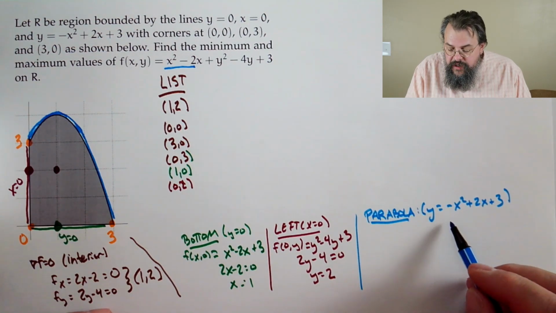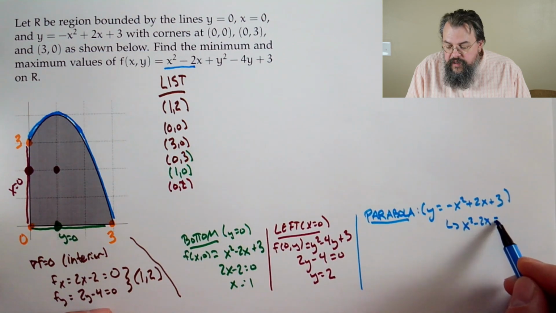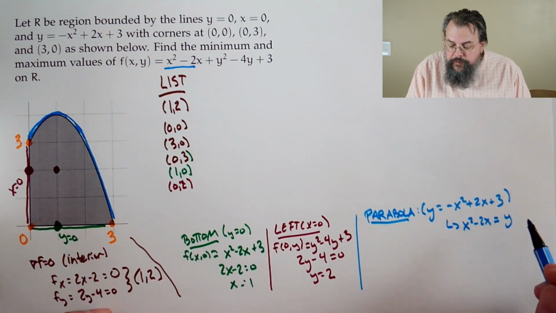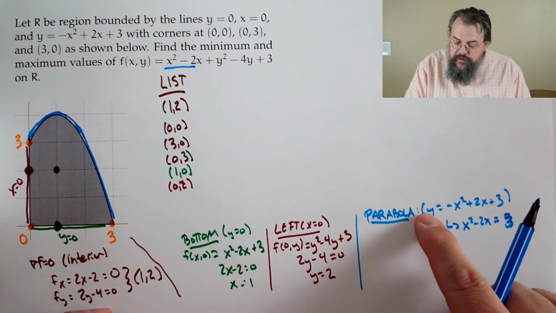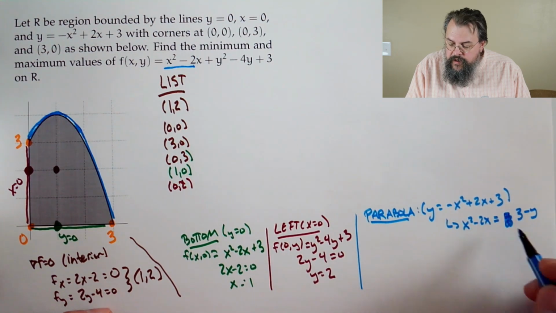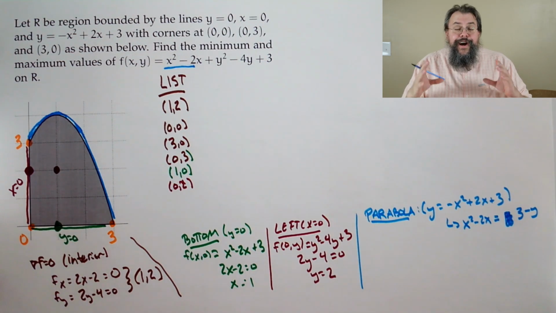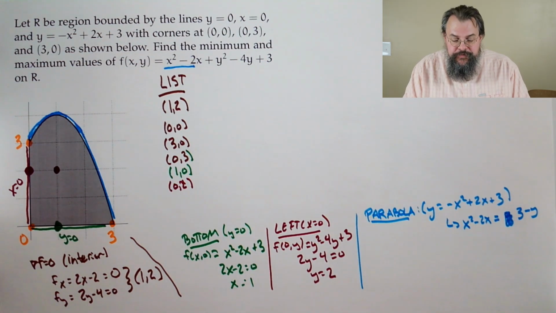In particular, this says x squared minus 2x is the same as, gotta be careful here, so I'm going to move this, move that, it's going to be 3 minus y. There we go. Yeah, because we move these terms across, move the y across. So I can replace x squared minus 2x by something really clean.